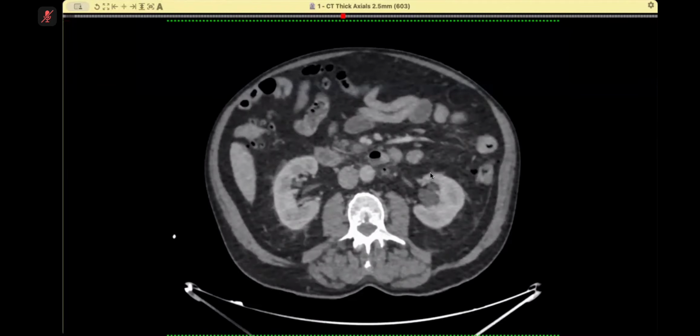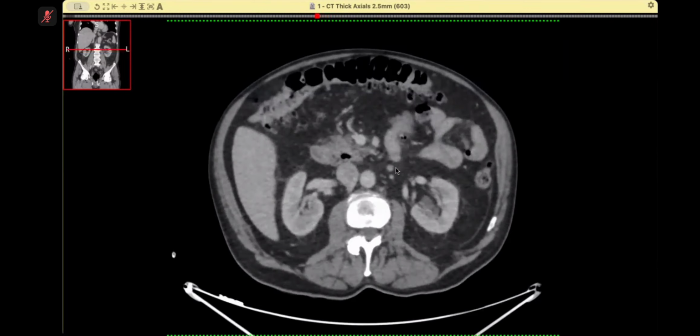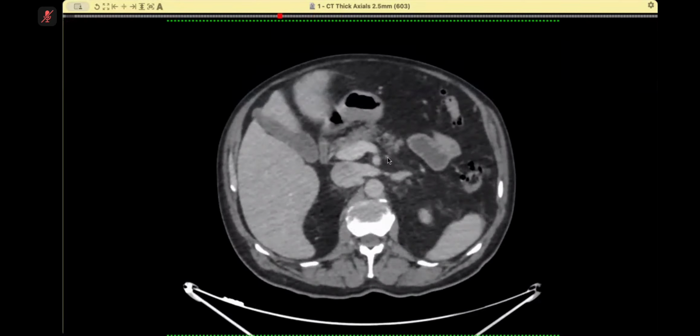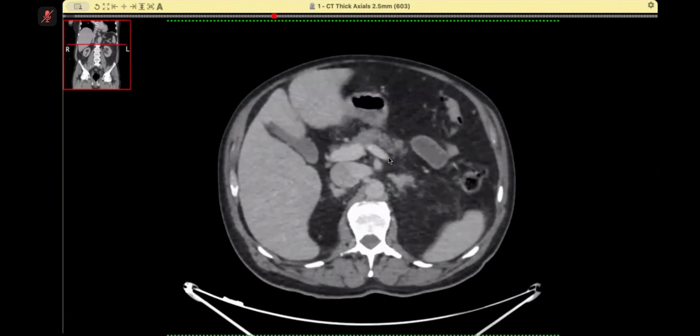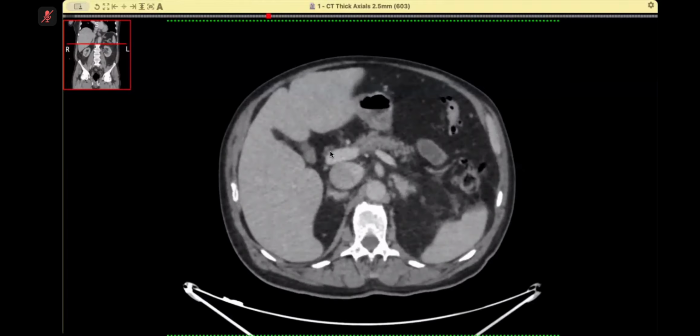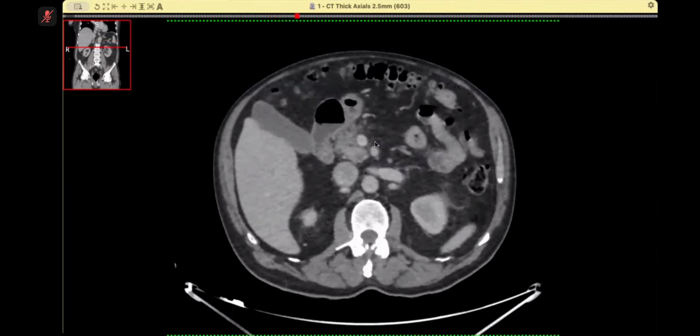You see this? Yes, sir. Air inside it. And then we can see that it continues as the splenic vein here, and then the portal vein origin. Of course, there is no portal vein gas.